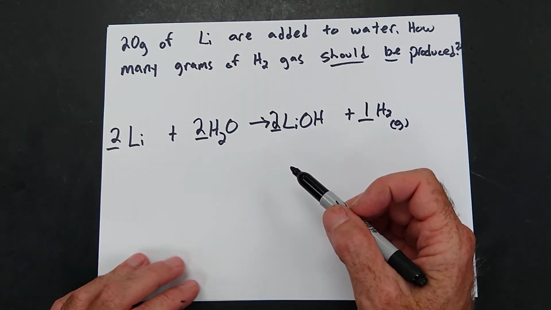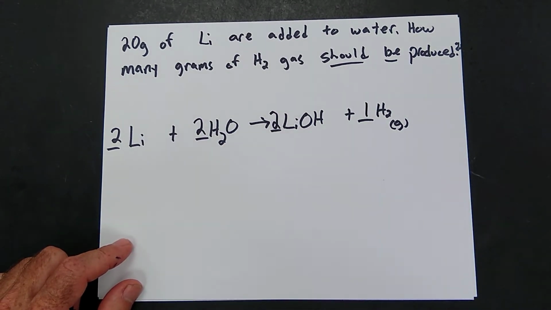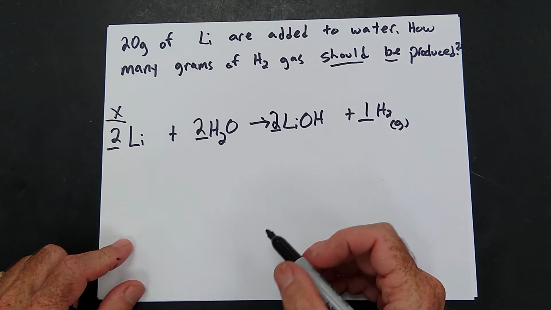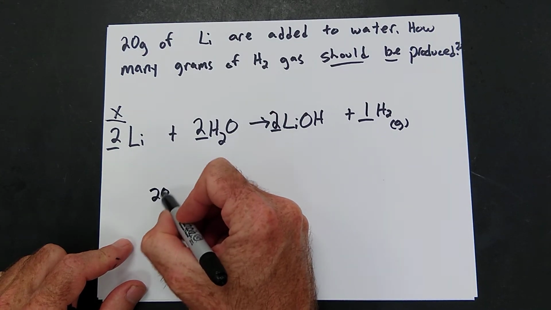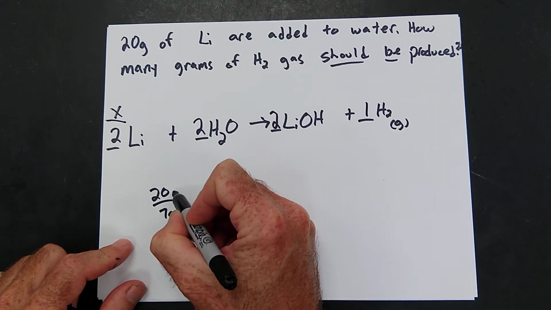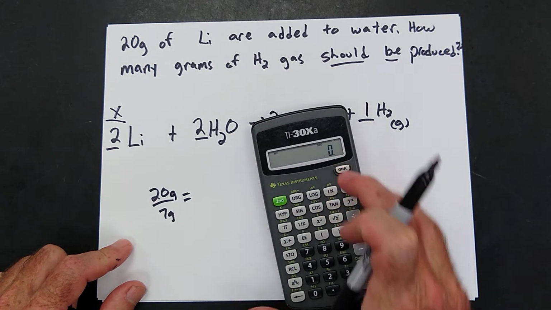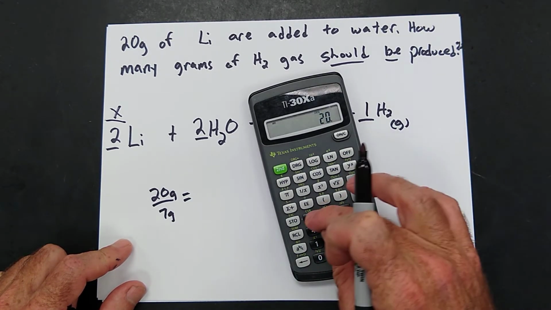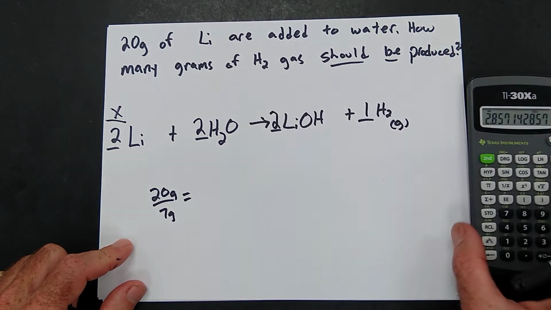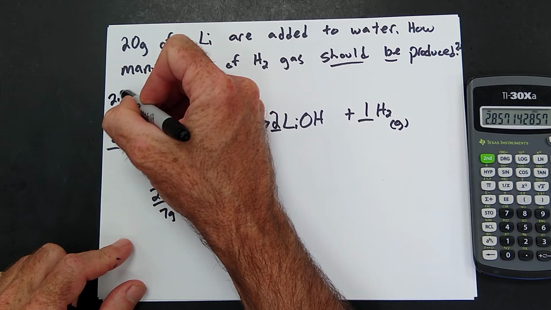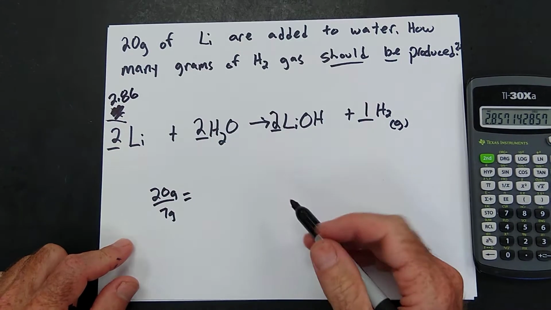20 grams of lithium are added. How are we going to convert 20 grams of lithium to moles of lithium? How are we going to find that number to put there? You're right. We're going to say 20 divided by 7 grams. Because 7 grams, that's the number for lithium on the periodic table. 20 divided by 7 equals 2.86. 2.86 moles.